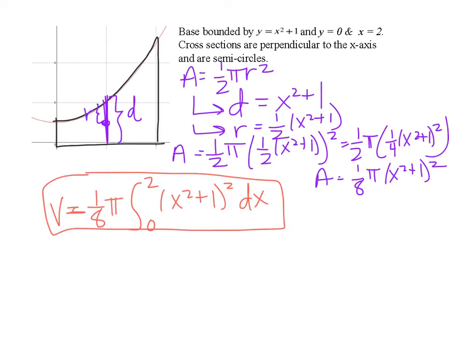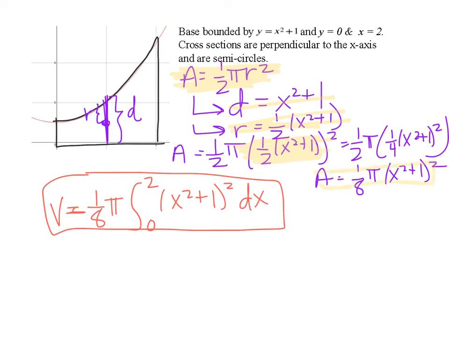All right, so if you look at this screen, you can see I have highlighted what I did as I went here. I figured out what the area of a semicircle would be, 1/2 pi r squared. We have the diameter and then what the radius would be. So if I put that radius into the area formula, you would see 1/2 times x squared plus 1, squared, as your radius. Simplify that.